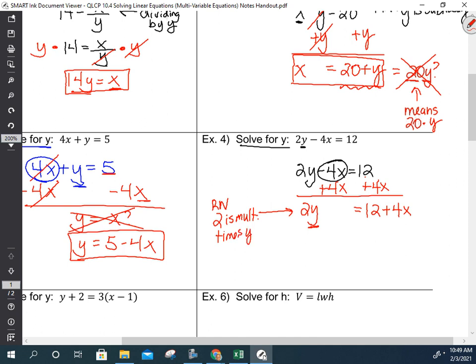So to get rid of it, you need to divide. So everything gets divided by 2. If you divide one thing, you divide everything.